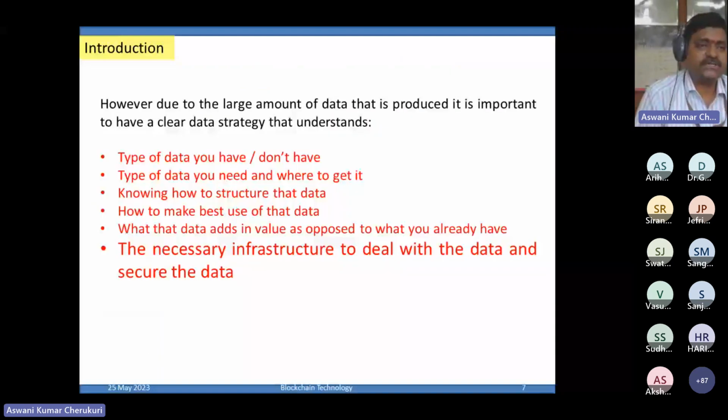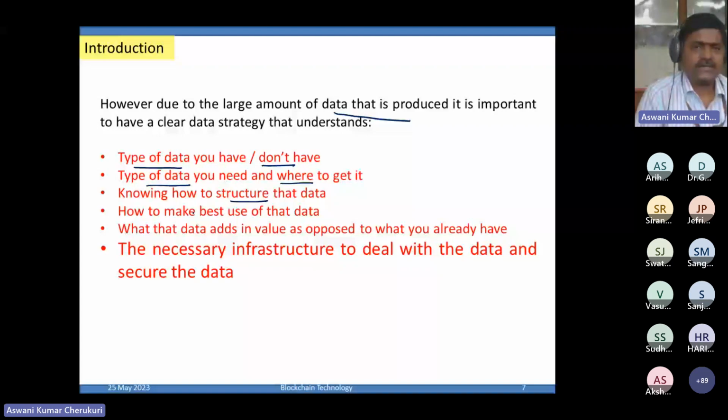So this particular slide gives you brief details of how data is getting generated. But the question is, when such a large amount of data is being produced, there are certain clear strategies that need to be evolved. This is about what type of data we have and what we don't have. Similarly, what type of data we need and where to get it. How am I going to structure that data so that I can store, process and analyze it?